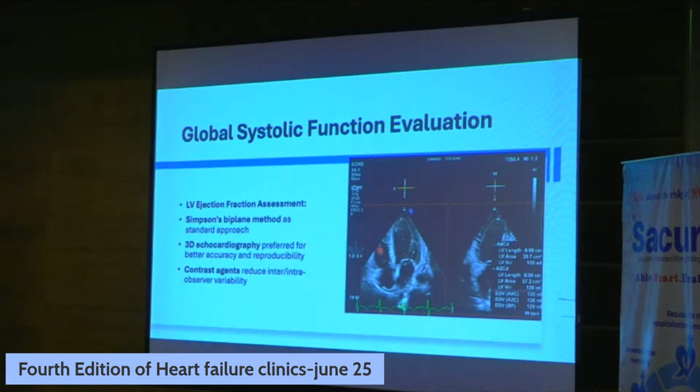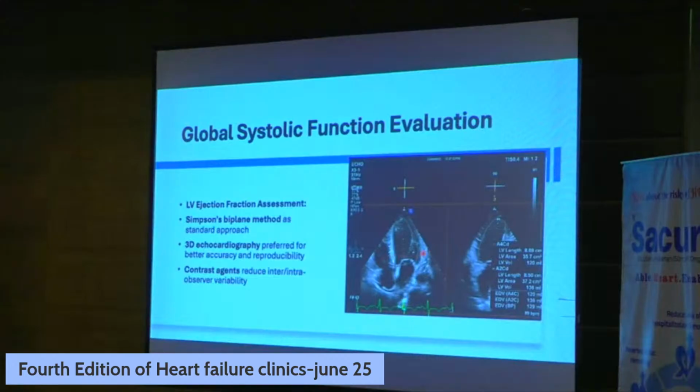For example, if you get a discrepancy with the echo report, you can always request your cardiologist to do a Simpson's biplane method, which is standard in all echo machines. Now, beyond this two-dimensional method, what we are doing almost routinely nowadays is 3D echocardiography.